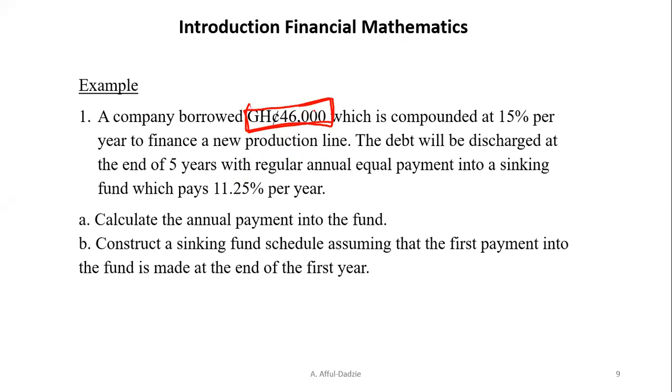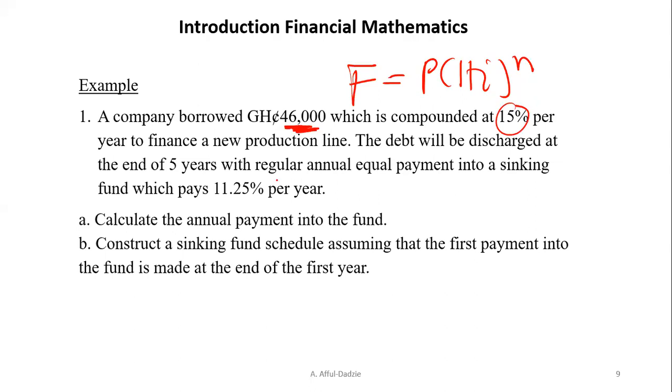So what this is telling you is that you must find the future value of this amount, 46,000, a single amount. We know future value is P(1 + i)^n. Here, i is 15%, n is 5 years, P is 46,000. Whatever the future equivalent of 46,000 would be, that should be the one you use to find your needs.